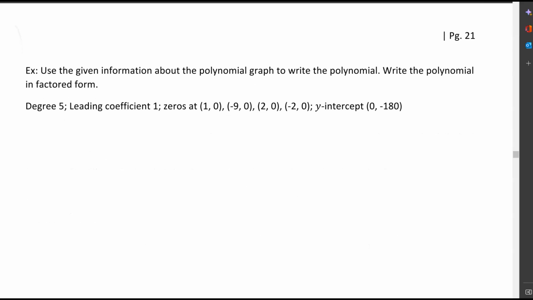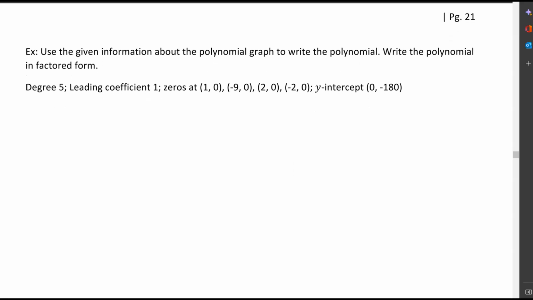Alright, next, use the given information about the polynomial graph to write the polynomial in factored form. So here we're getting information, so we don't have the graph, but we're getting information, turning it into a polynomial. Alright, so we know we have a degree 5, so our n is 5, our leading coefficient a is 1, and we have these following zeros.